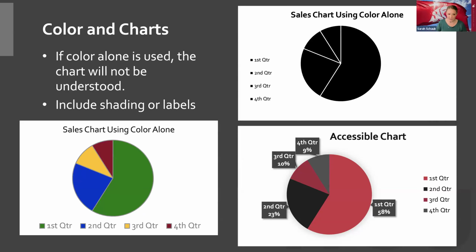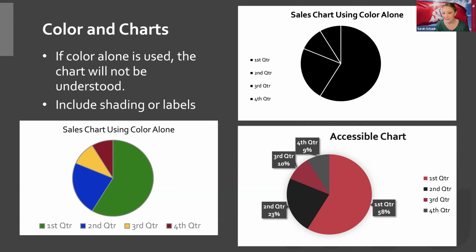So that doesn't really tell the user the kind of information that they need in order to discern what is in this chart. I have another sales chart example that uses color alone on the bottom left corner, where it's just giving color for the first quarter. If somebody had color blindness, again, they would not understand the difference in the color of each one of these quarters.